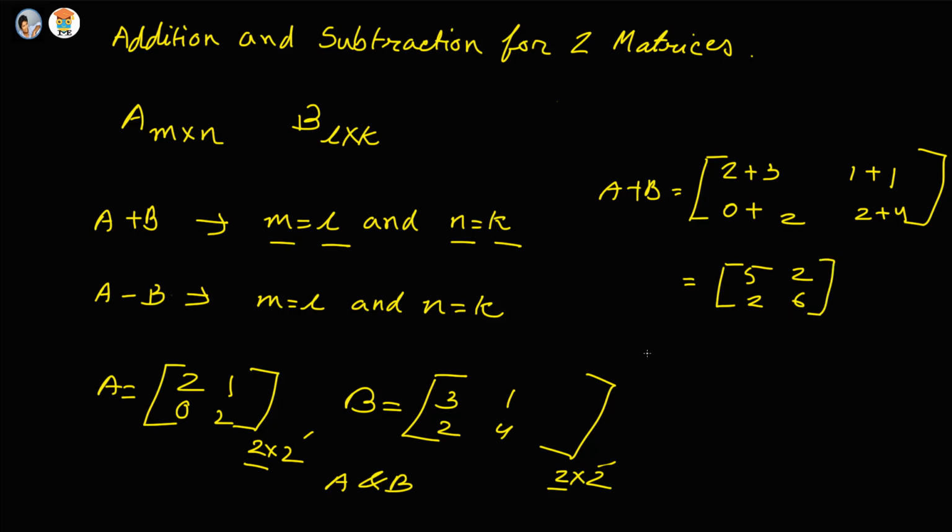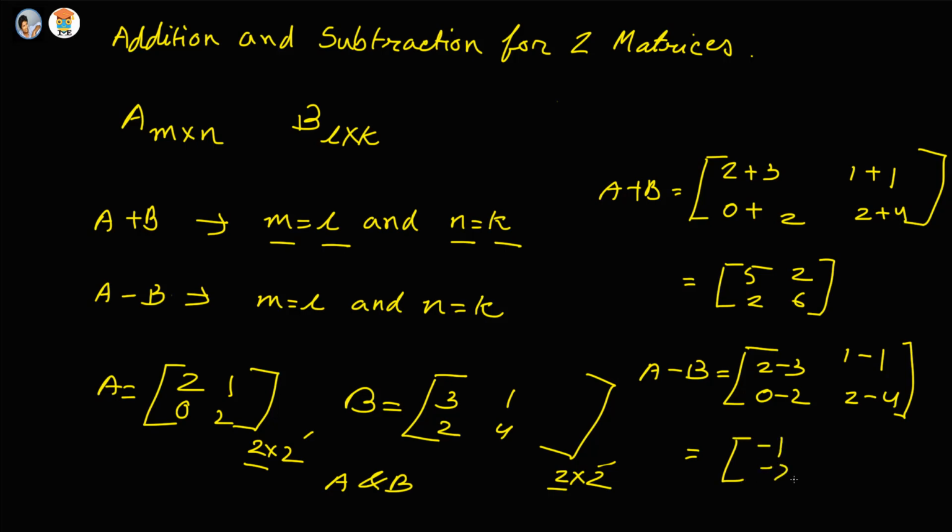But if you want to subtract, that means A minus B will have 2 minus 3, 0 minus 2, 1 minus 1 and 2 minus 4. Then we'll have minus 1 as the first element, minus 2, 0 and minus 2.